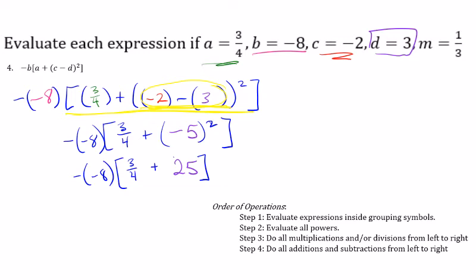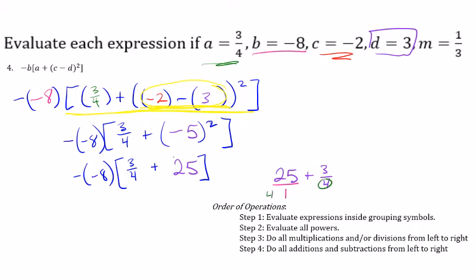All right, so one more operation inside here. We have addition. So 3/4 plus 25. That's going to be, let's see, you can say 25 and 3/4, right? But let's put it into fraction form. I don't mind if you put these in decimals as long as they're exact. But 25/1, we want to get a common denominator here.